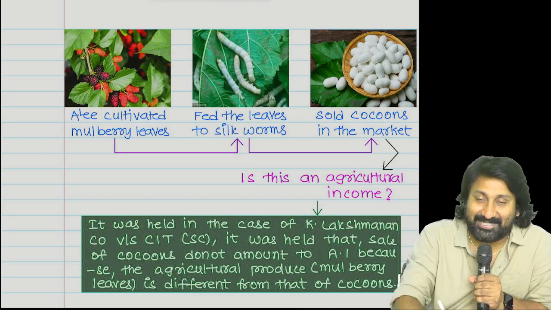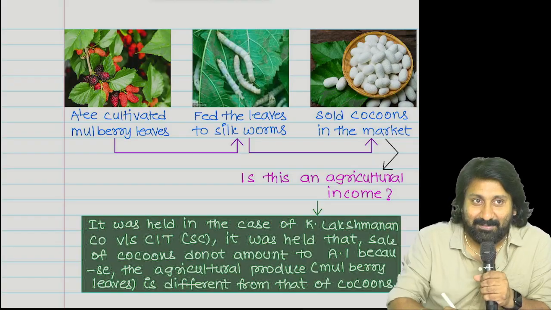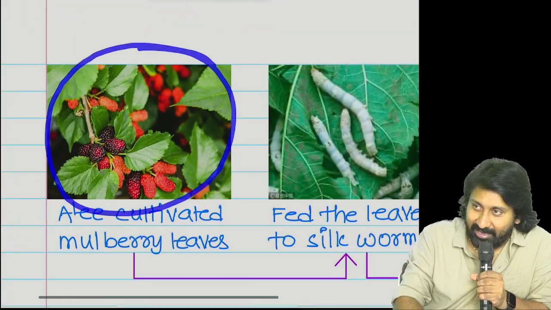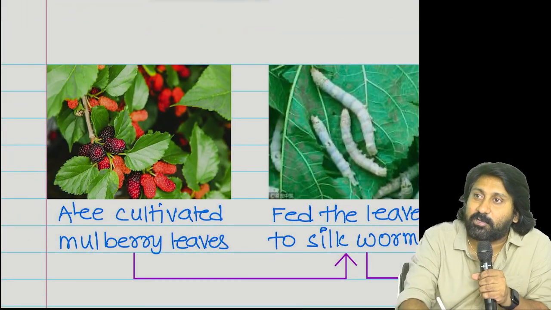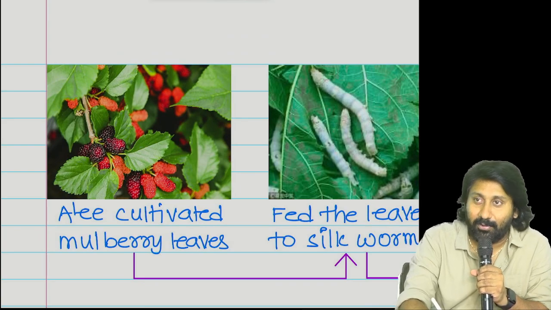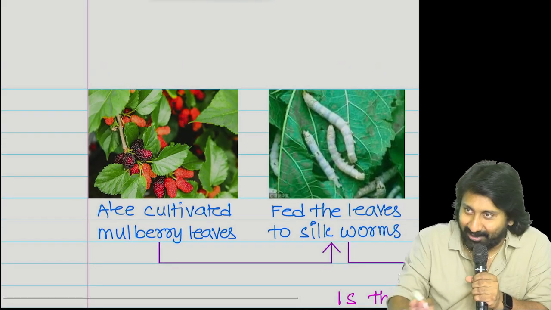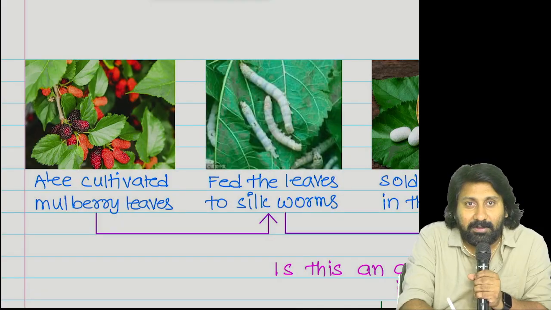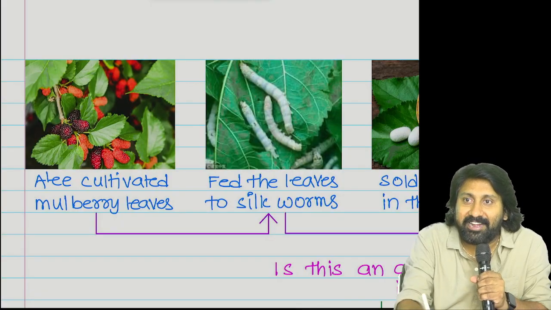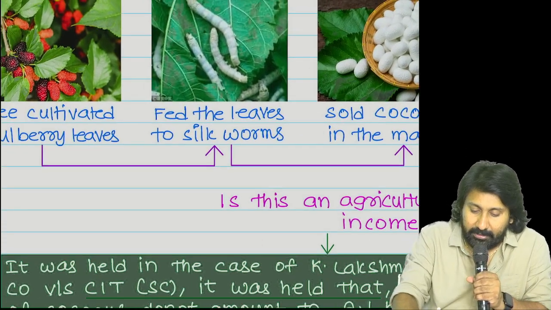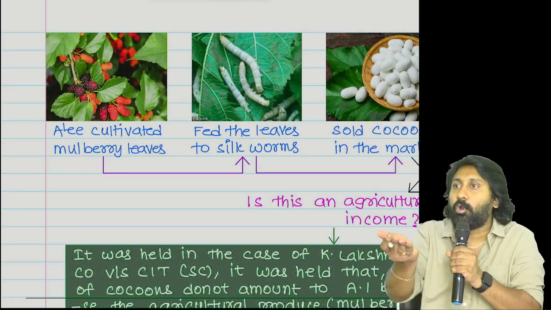The assessee is in cultivation of mulberry. Mulberry leaves grow in the sky? Oh, thank you, you know that. They don't grow in the sky. Nice. On these mulberry leaves, who will feed? Silkworms will feed.